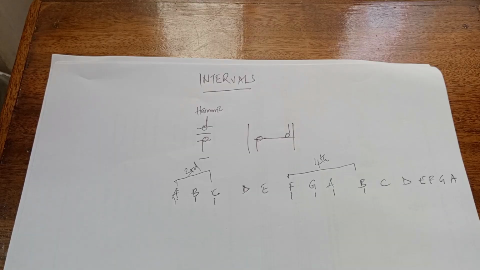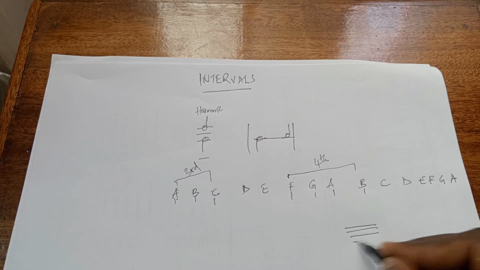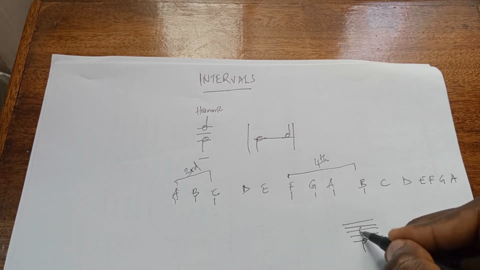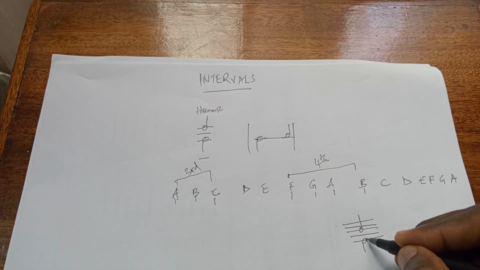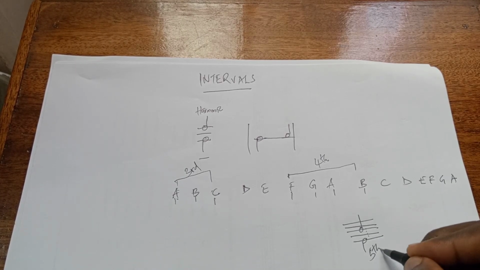So intervals by number are quite simple. You can find, for example, a note written on the staff, and then you have that interval. For example, from here, you're just going to count the number of steps that you have. The first step, second, third, fourth, and fifth, and it is going to be a fifth.